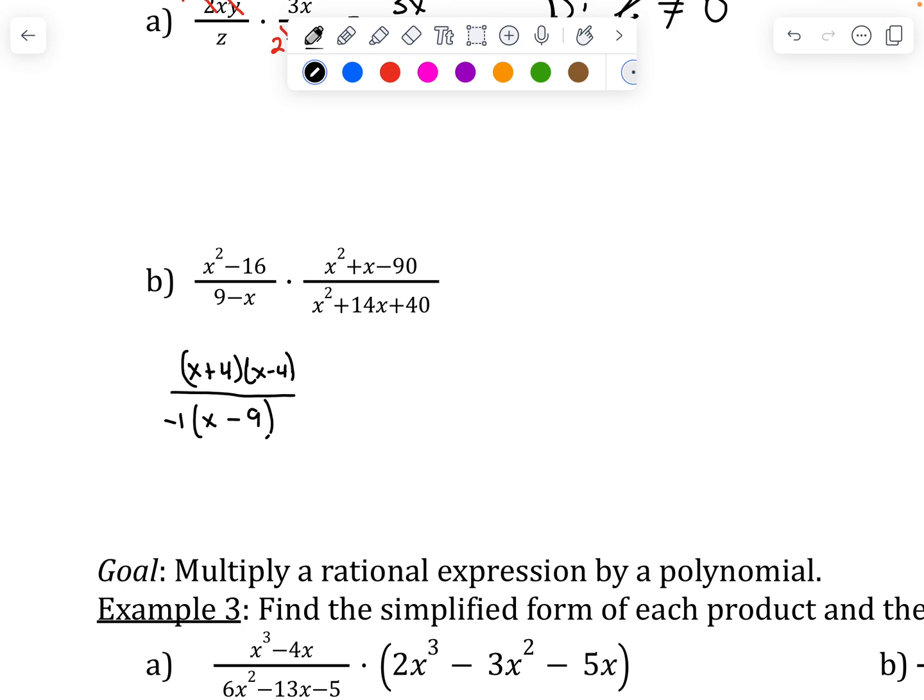I like to have that x first. And if I have that x first and I pull out that -1, it makes it easier to see. Second expression, I have x minus 9, x plus 10. And my third one here, I've got x plus 4 and x plus 10.